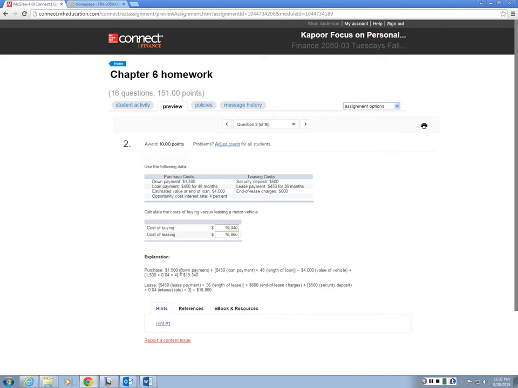For purchasing, we're putting $1,500 down, $450 times 48 months minus our $4,000 end of loan value, and then the down payment, because it is an upfront cost, does have some opportunity costs in there as well. The lease, on the other hand, has $450 of lease payments and 36 months, so then we have $600 end of lease charges and not $500 of opportunity cost.